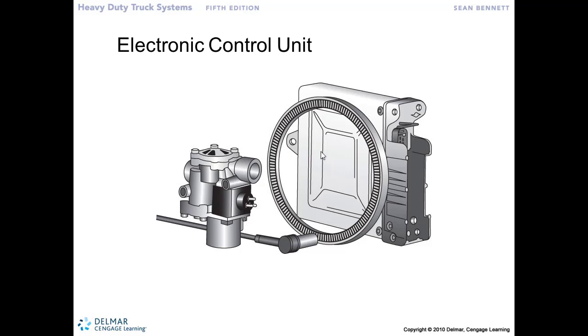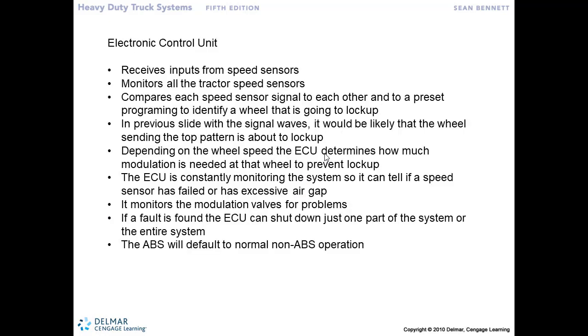So again, going to the unique components of the analog braking system here, the ECU receives inputs from the speed sensor, sends outputs to the modulator valve. It monitors all of the tractor speed sensors at all times, whether we are in ABS function or not, constantly monitoring those.